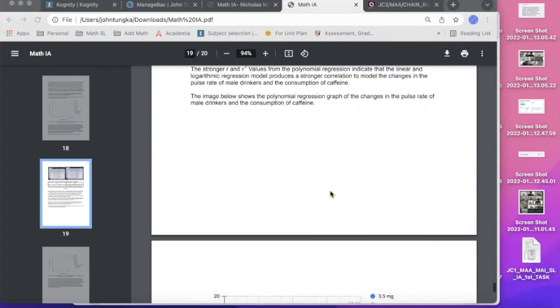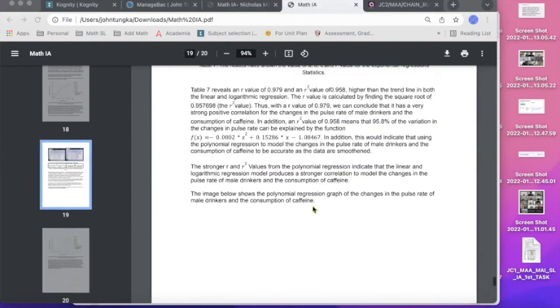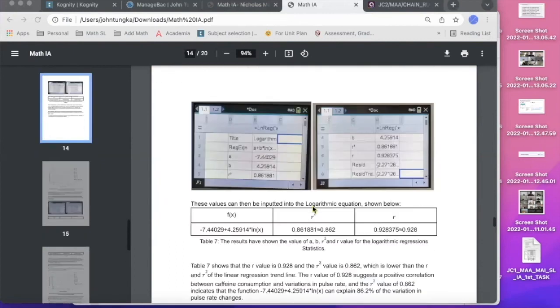Then what you can do after this is give a comment on which function best models your female and male data, and you might want to include that box and whisker if you want. But the problem with your box and whisker is it represents all the drinks.